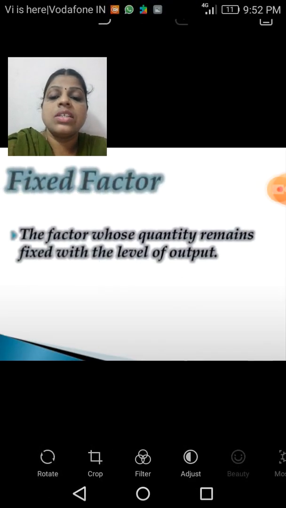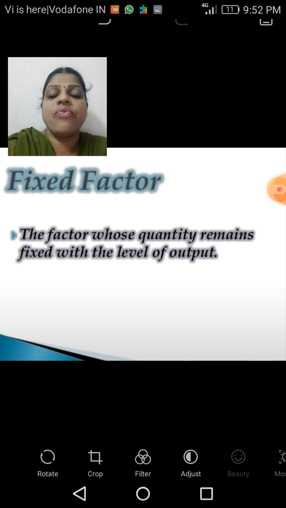And I told you that different factors are required for a production process, isn't it? I told you land, labor, capital, and entrepreneur. So we will categorize them into two types of factors, fixed factors and variable factors.